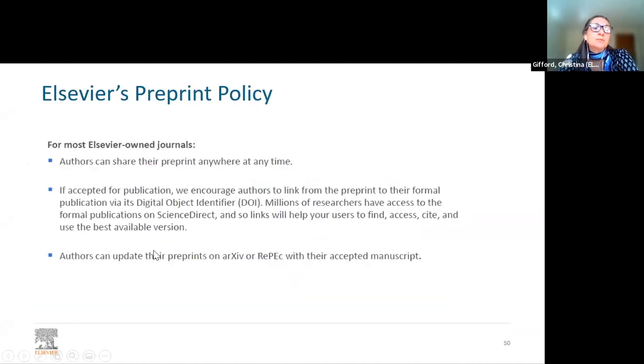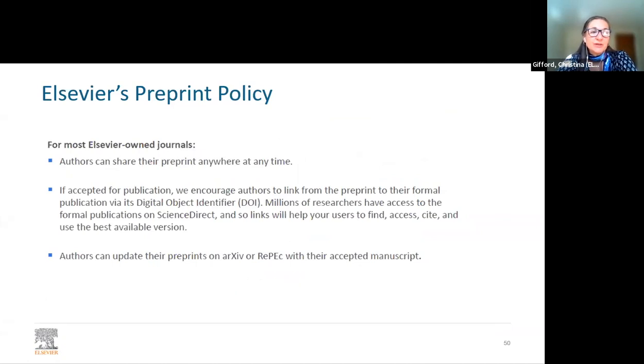So Elsevier's preprint policy is that for most Elsevier-owned journals, authors can share their preprint anywhere at any time. Once accepted for publication, we encourage authors to link from the preprint to their formal publication via its digital object identifier, and every article has this DOI link that's given.